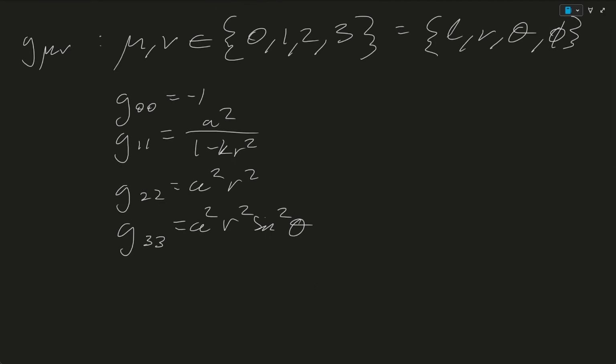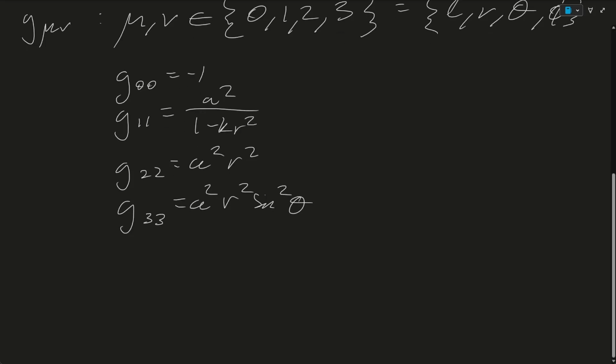The metric is diagonal, so by the delta, the thingy delta, its name has escaped me. The Kronecker delta. There we go.